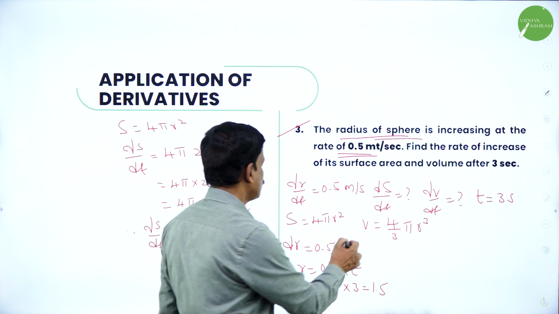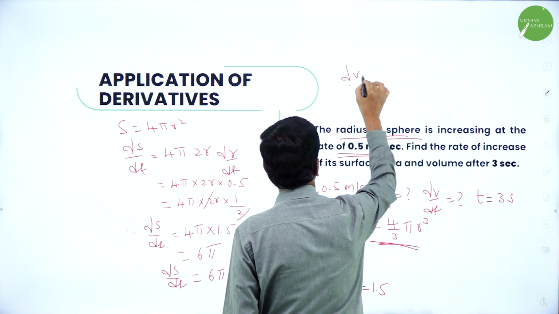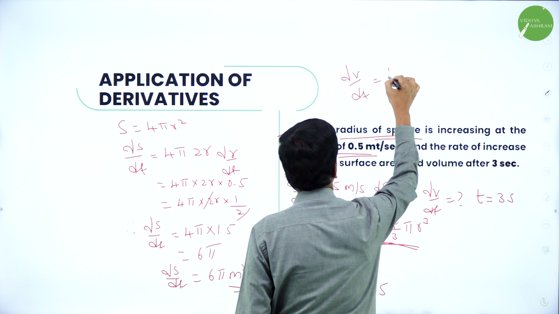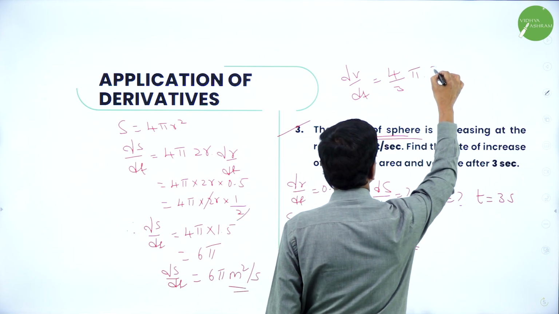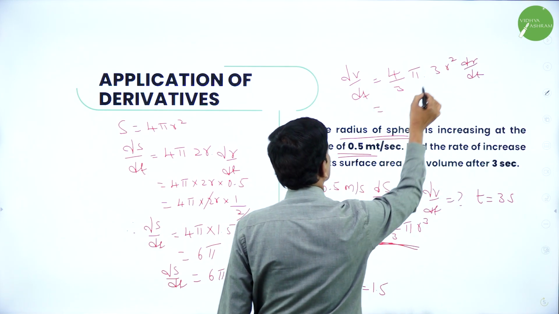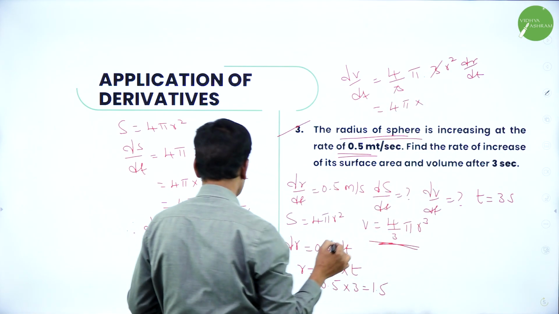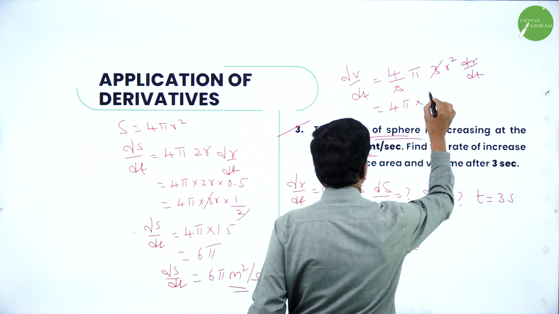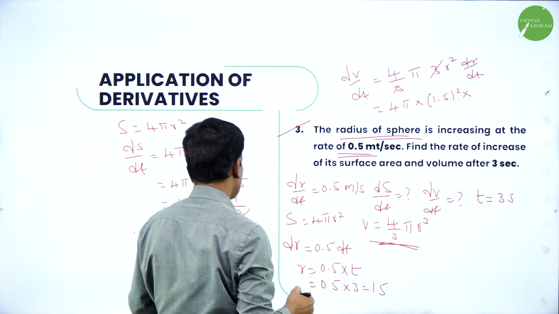Now move on to the second part. What is to find? Volume, dv by dt. Differentiate this. dv by dt is equal to 4 by 3 pi as it is, differentiation of r cube is 3r square into dr by dt. So 3 and 3 get cancelled, 4 pi into r square, and we got r is equal to 1.5, so 1.5 whole square into dr by dt.